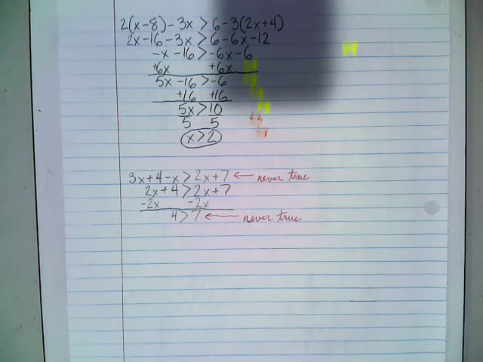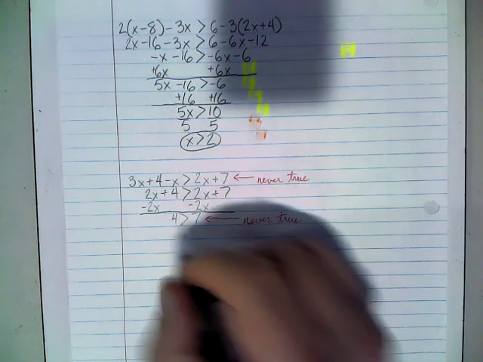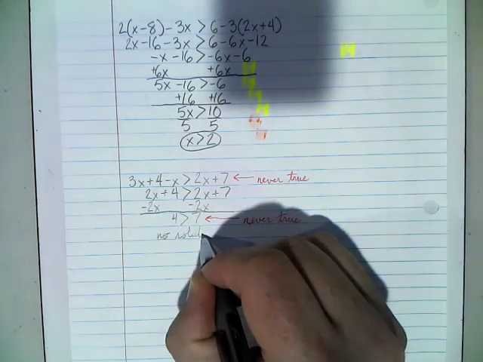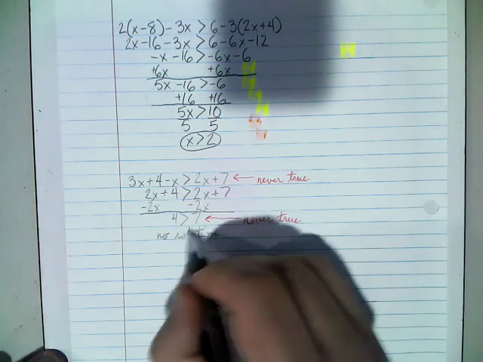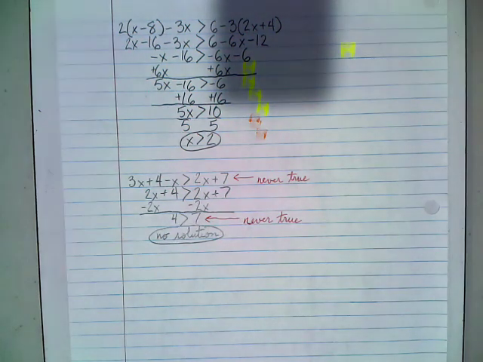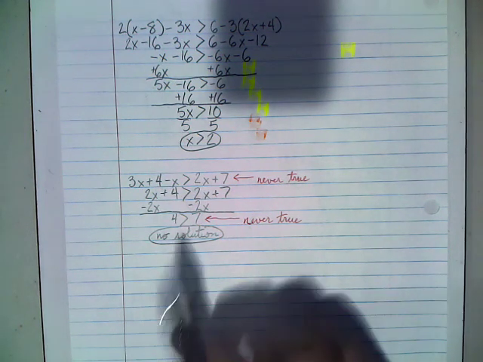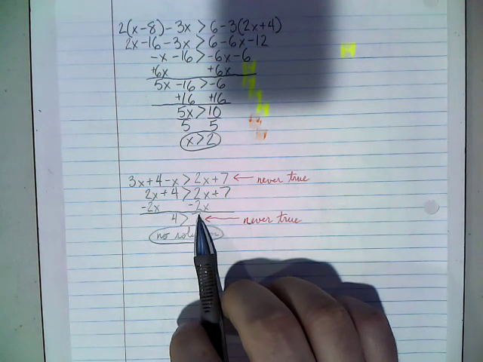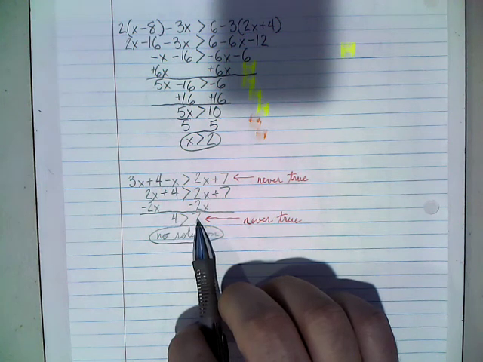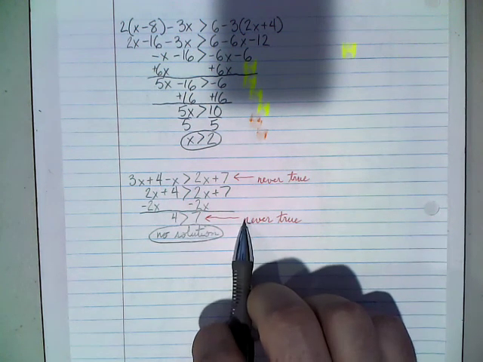And so therefore, what solution is there? None. So when it comes to solving inequalities, if you run into a situation like this, where this just cannot be true, then it's never true.